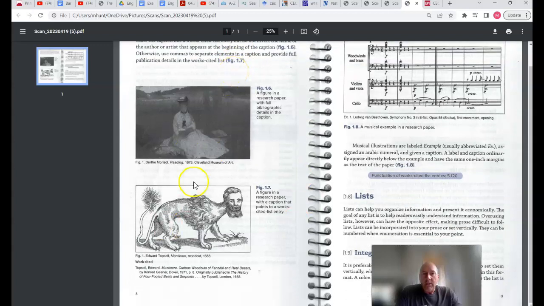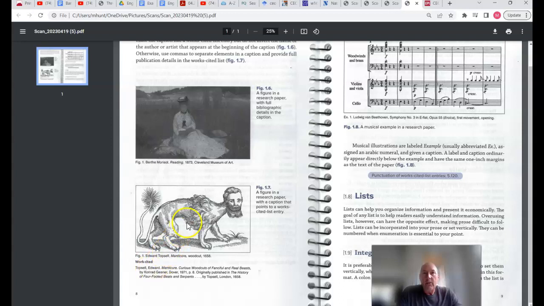However, if you decide you're going to actually talk extensively about the work, you might additionally put it in the works cited list. Here's an example where this graphic has a very brief citation, not necessarily done correctly because they have a full citation. See here it says Edward Topsell, but in the works cited list they inverted the names, starting with the surname first.